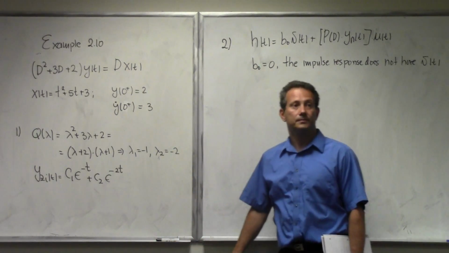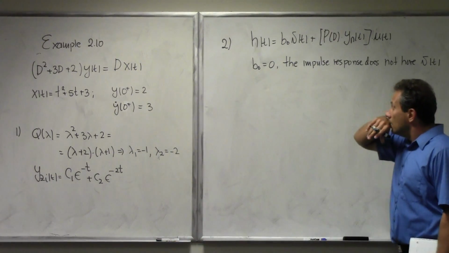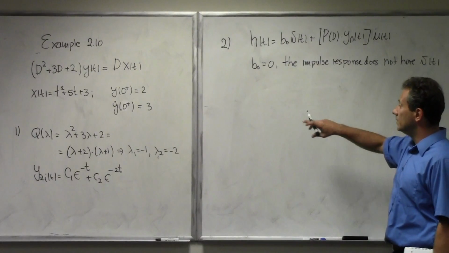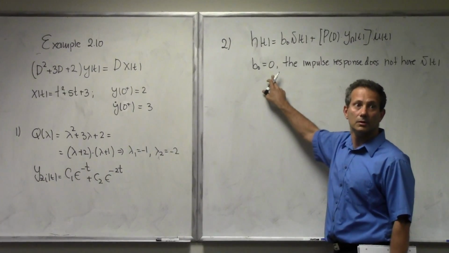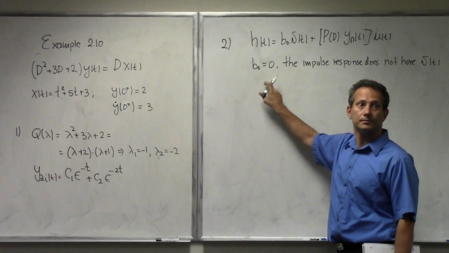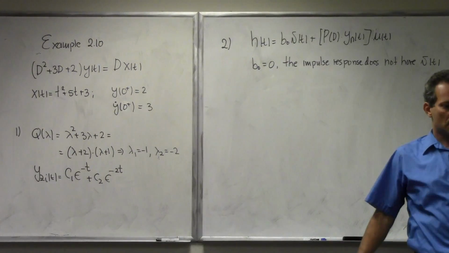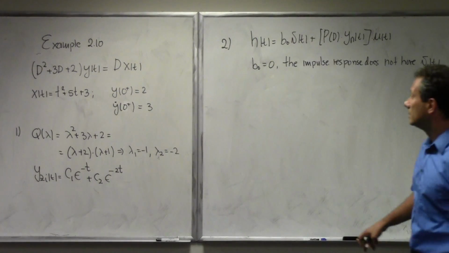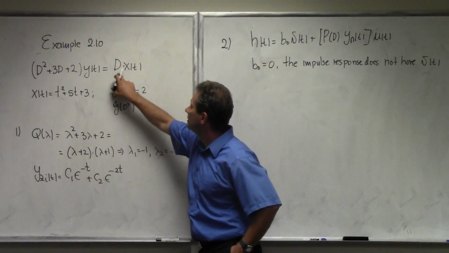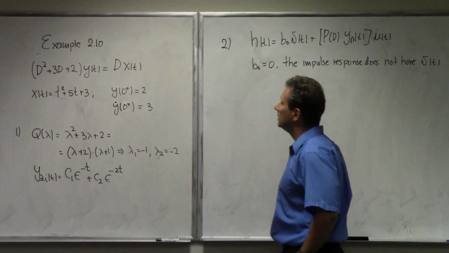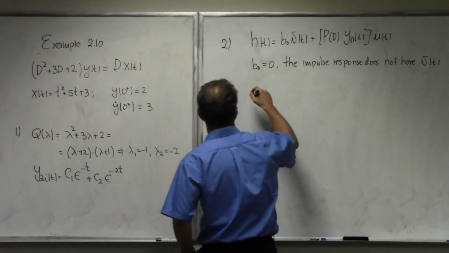Student: I got lost on the B0, how you got 0. Remember, what is B0? This is our polynomial: Q of D times y of t is P of D operating on x of t.